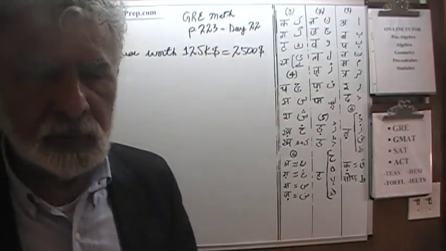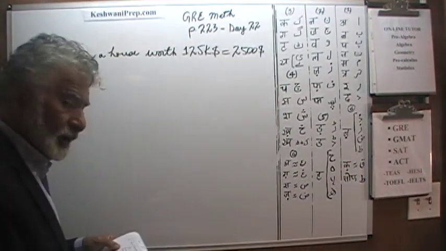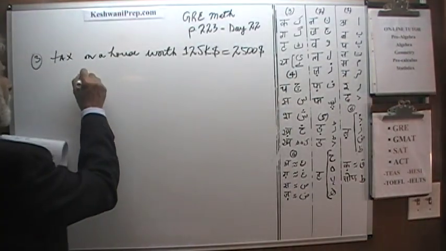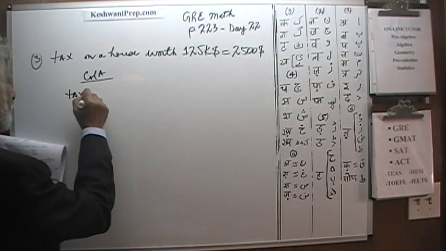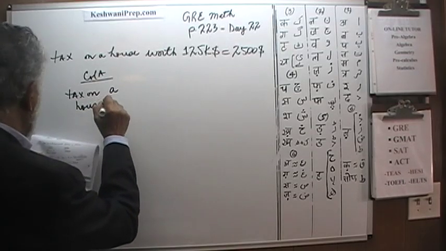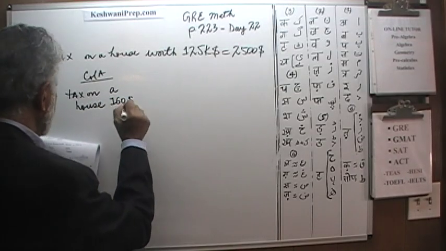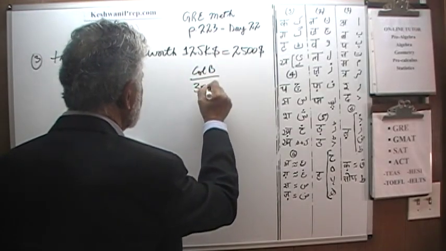We paid $2,500 in property taxes, on a house evaluated by the town at $125,000. Here's what we have to figure out. Column A says the tax on a house that is worth $160,000 versus column B, which is $3,000.